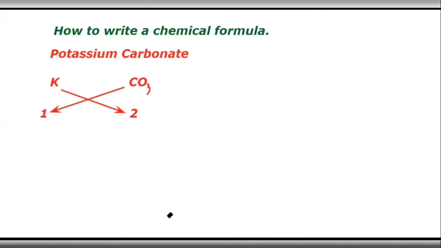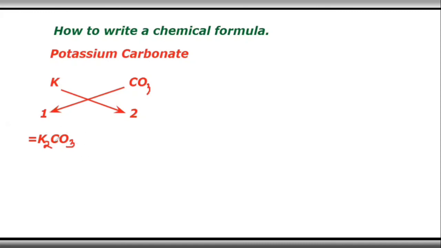We have now K2, then CO3. For CO3 the valency will finally be 1, but since it is 1, we need not use a bracket here.